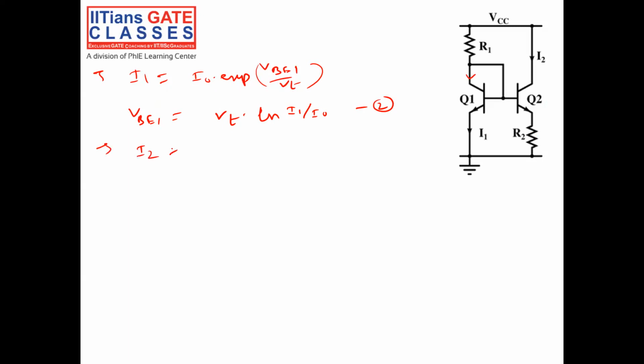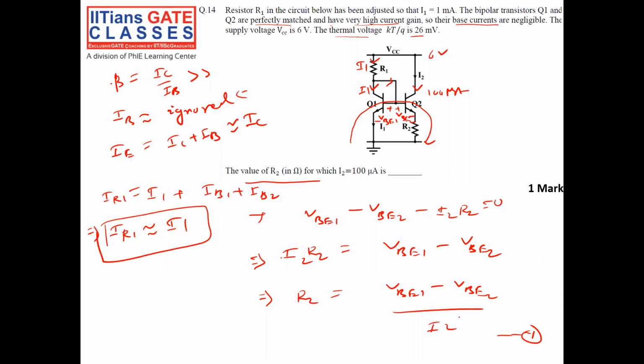I2 will be equal to I0 into exponential of VB2 by VT, since both Q1 and Q2 are matched, so I0 remains the same. I0 is nothing but the reverse saturation current. Since both are exactly matched, it will be the same. This implies VB2 equals VT ln I2 by I0, equation 3. Okay, put equation 2 and 3 in equation 1.